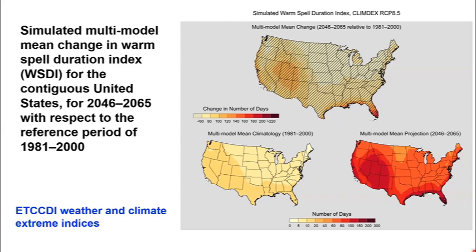Then you typically count how many days will increase, and for heat waves, definitely the number of days from the current climate, if you look even at the mid-century, increases quite a bit.